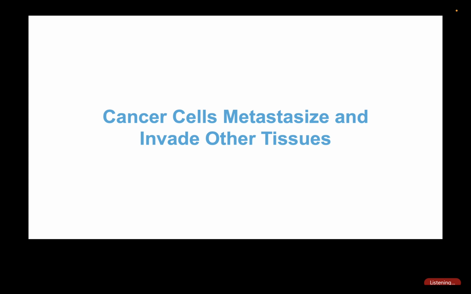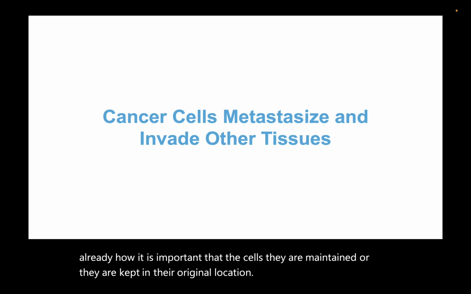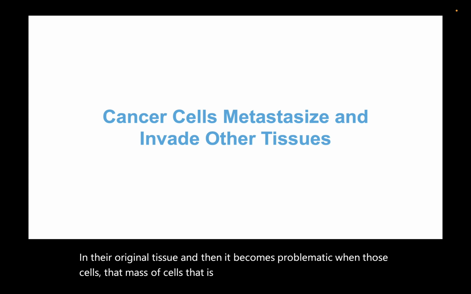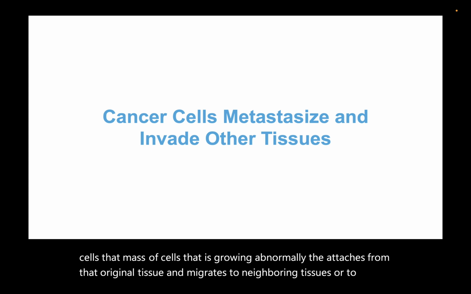Continuing our study of cancer and tumors, we've emphasized already how important it is that the cells are maintained or kept in their original location, in their original tissue. And then it becomes problematic when that mass of cells that is growing abnormally detaches from that original tissue and migrates to neighboring tissues or to other locations.